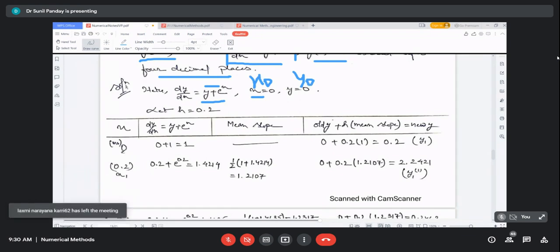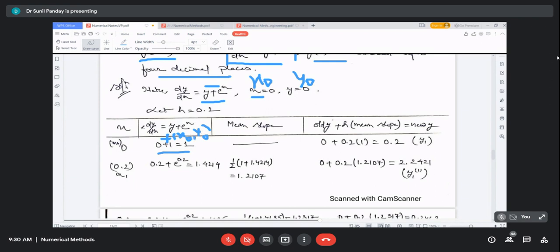So from x naught y naught you have to calculate the value of f of x naught y naught. If you substitute x equal to 0 and y equal to 0, you will get 0 plus e raised to power 0, that is finally 1. So this is the value of f of x naught y naught.